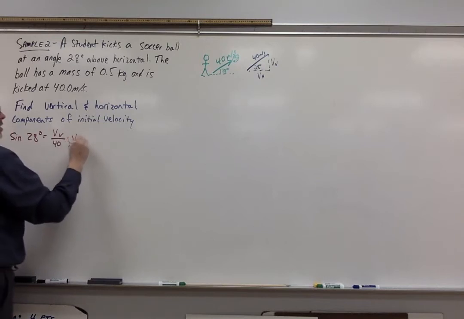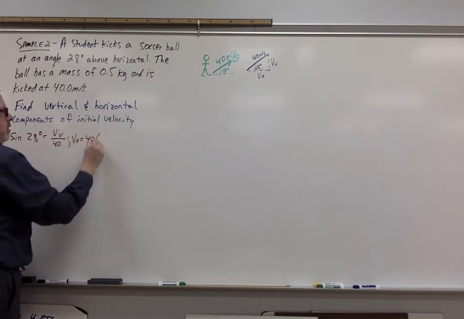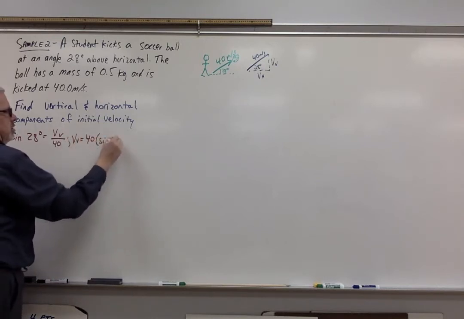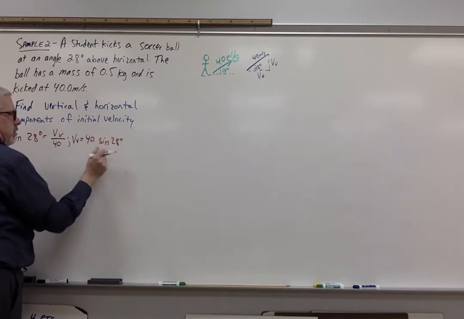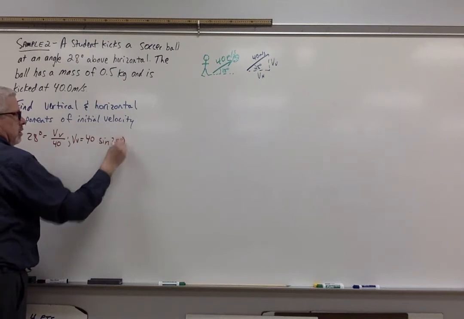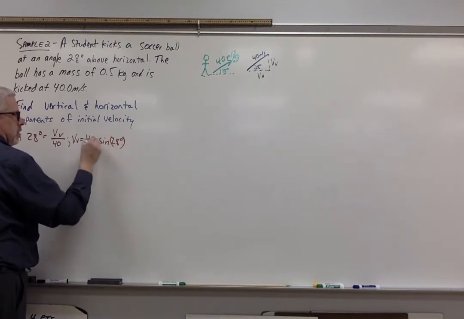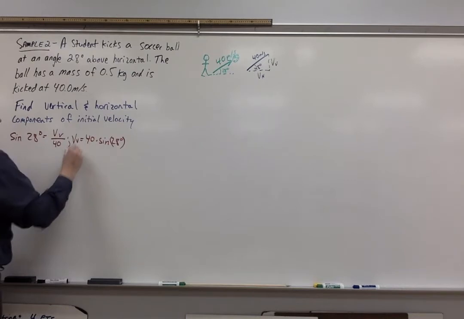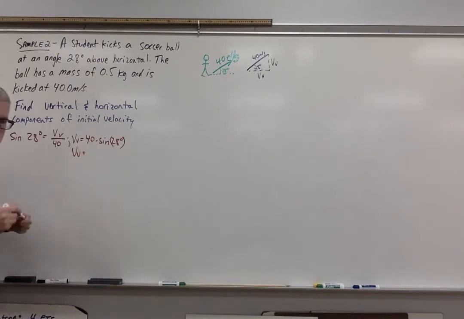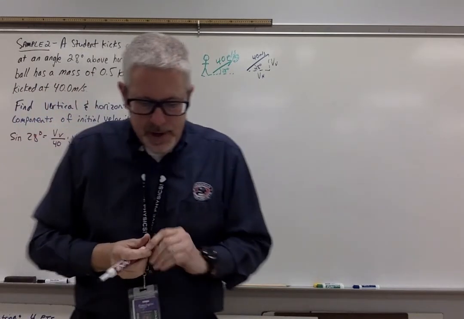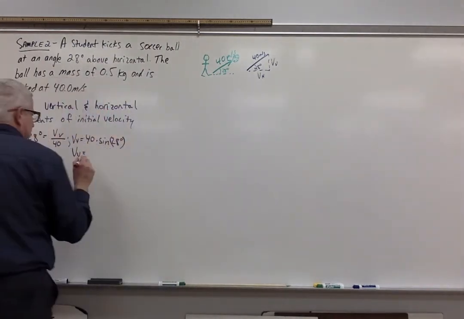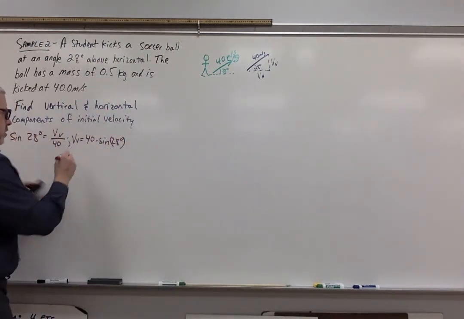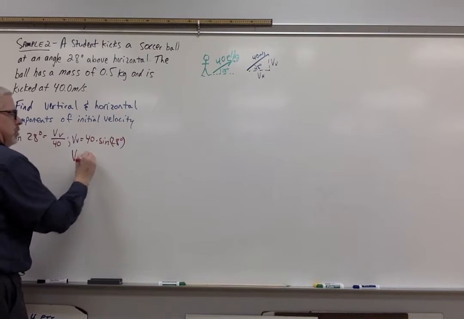So VV is equal to 40 times the sine of 28 degrees. So the vertical velocity is going to equal 18.8 meters per second. Upwards.